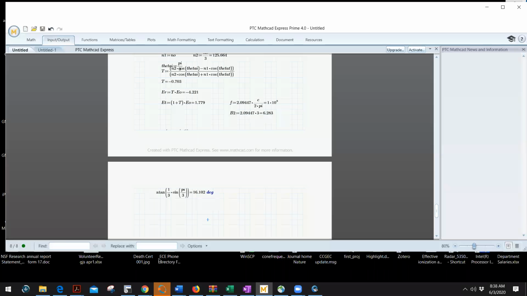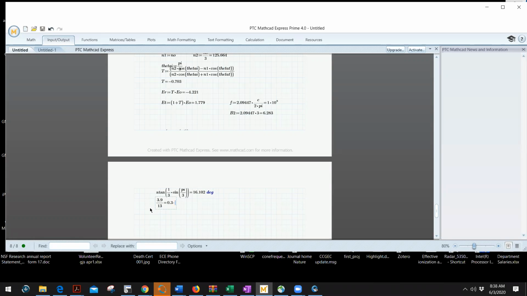When I put that over here, I get 3.9 divided by 13, and that equals 0.3. Good. So I know I have to move 0.3 lambda to get to the load. Do you all agree with that?